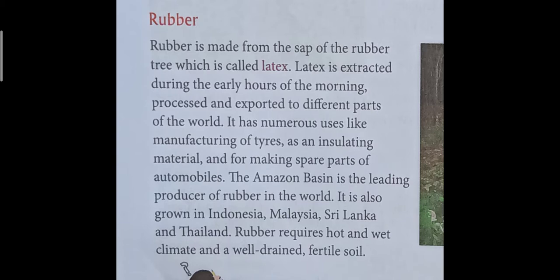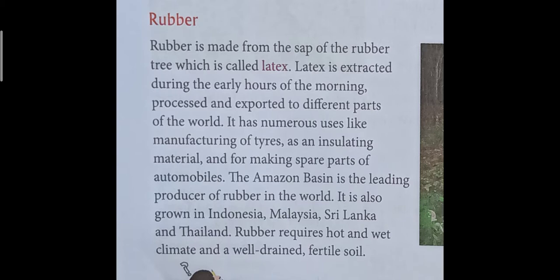I want you children to tick it down with the pencil. The Amazon basin is the leading producer of rubber in the world. It is also grown in Indonesia, Malaysia, Sri Lanka, Thailand. Rubber requires hot and wet climate and a well-drained fertile soil. Rubber is made from the sap, a liquid substance produced by the rubber tree, which is known as latex.